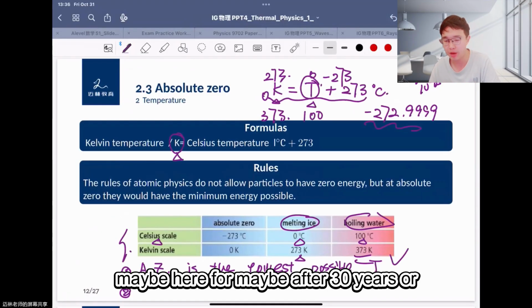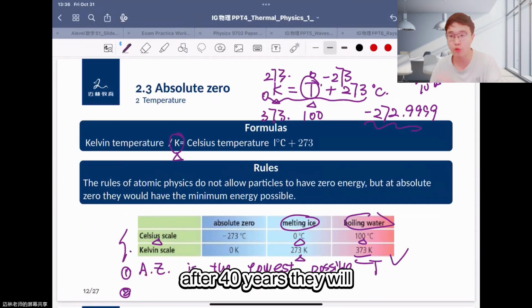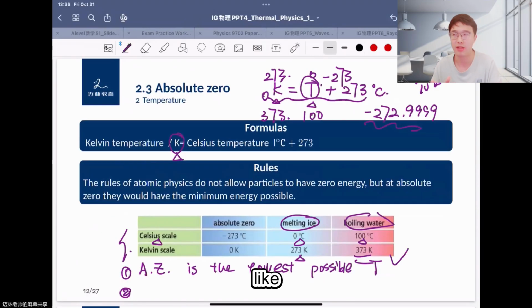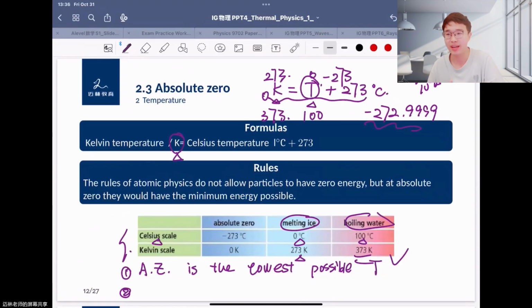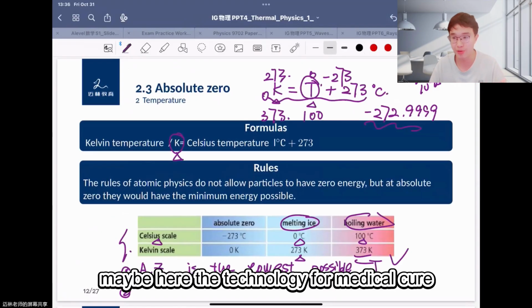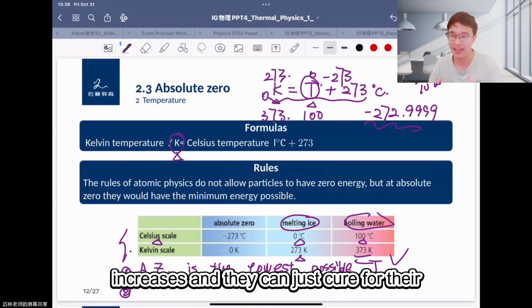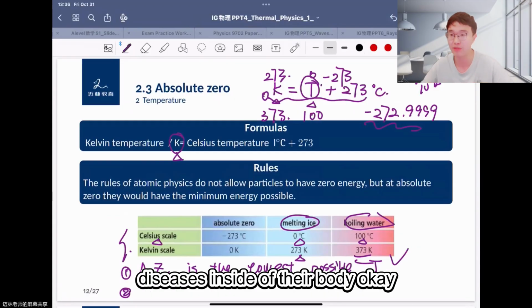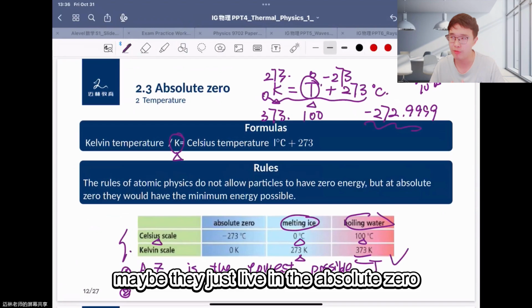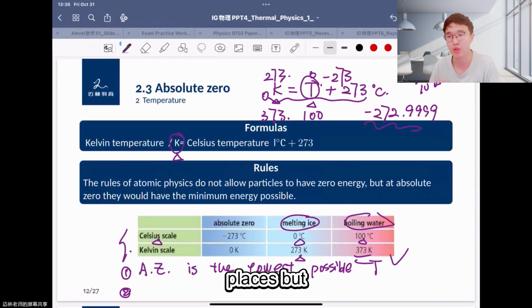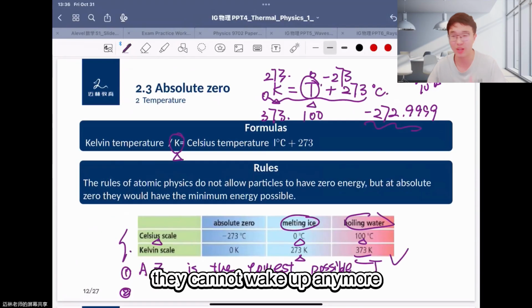So maybe after 30 or 40 years, they will wake up and find that medical technology has improved, and they can cure the diseases inside their body. So you can find that they just live in an absolute zero place, but that means they cannot wake up anymore.